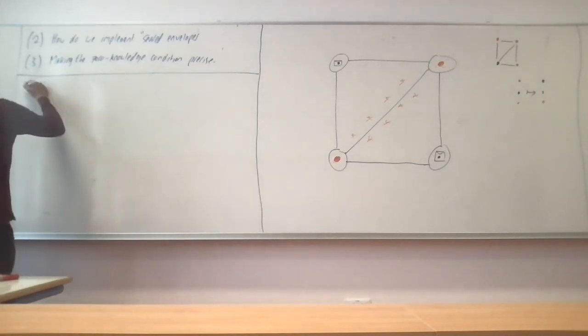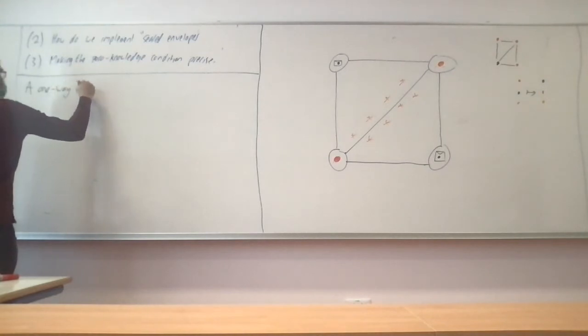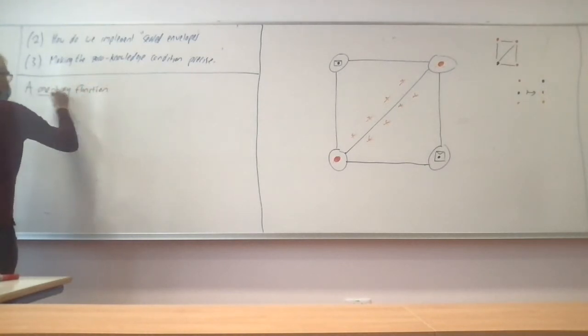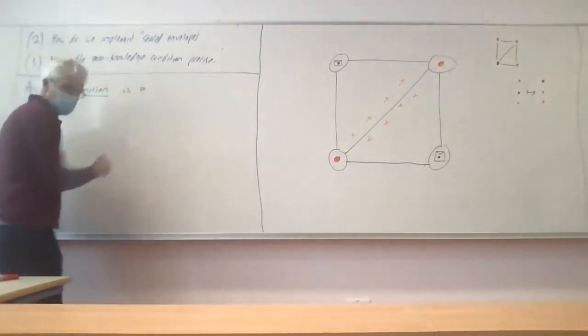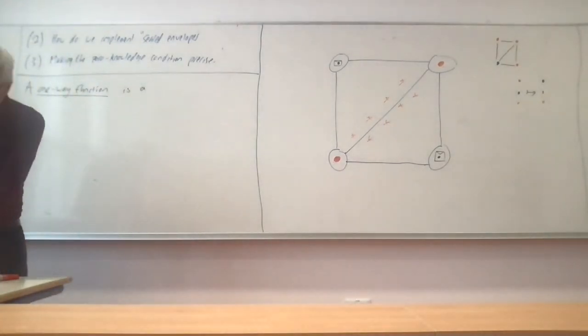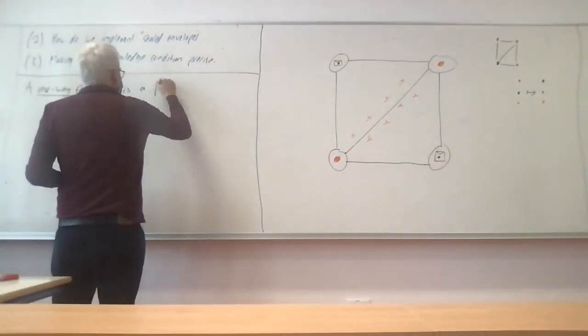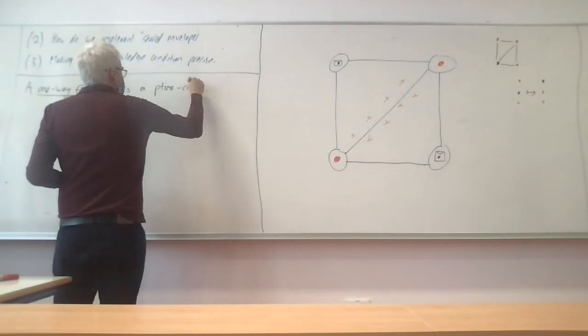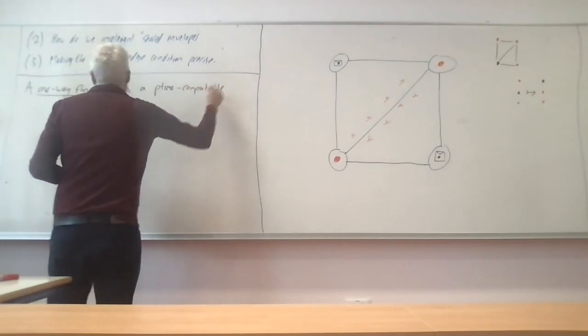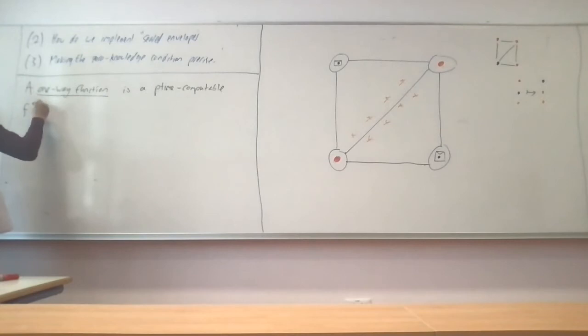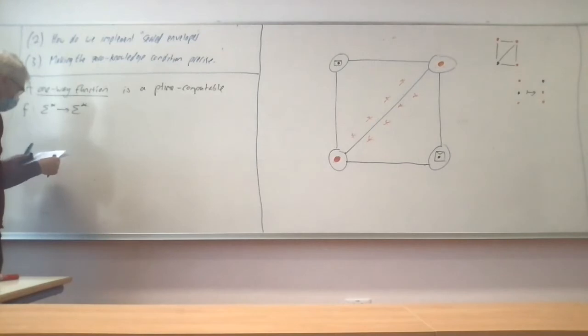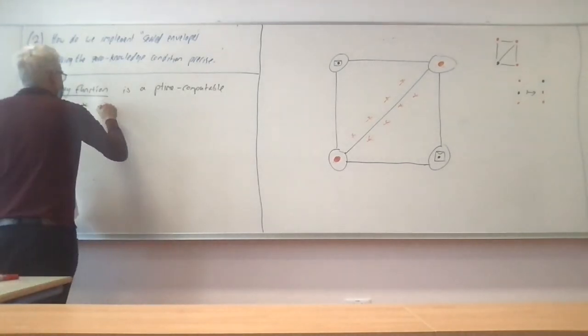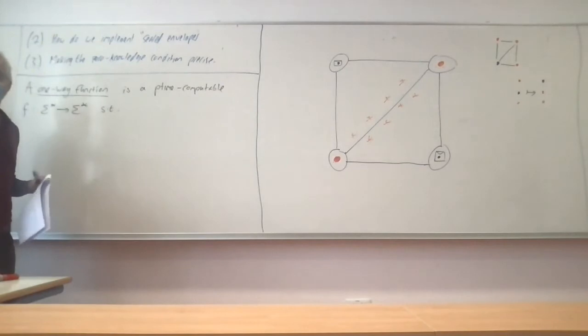So a one-way function is just going to be a deterministic polynomial time computable, a p-time computable function on strings. So it maps a string to a string, such that there is no efficient way of inverting the function.